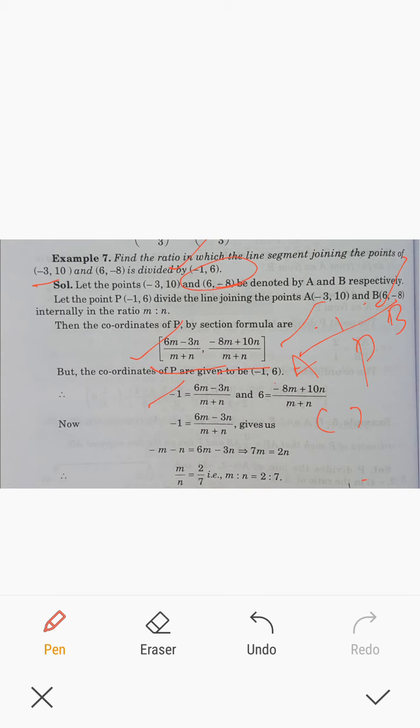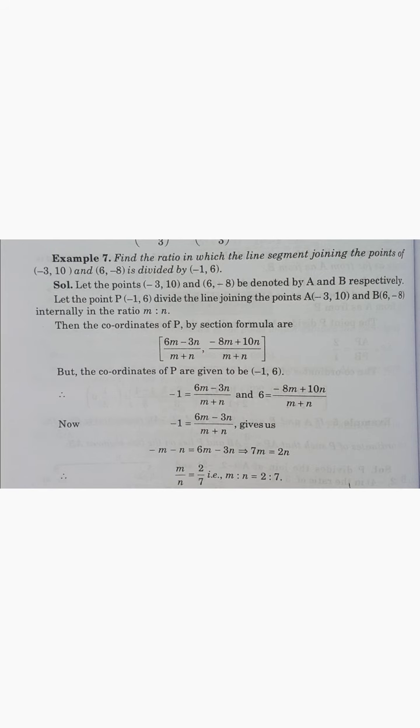On simplifying, we will be getting m1 is to m2 equal to 2:7. Go through the simplifications very carefully. We need to depend either on the x coordinate or the y coordinate. Here we have taken the x coordinate and found the ratio of division.